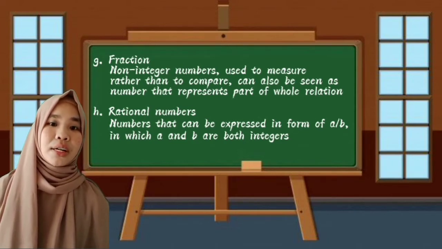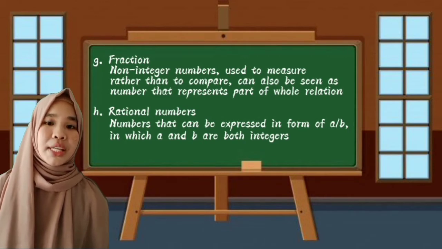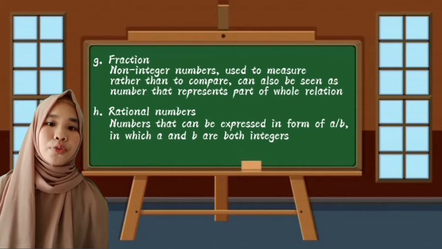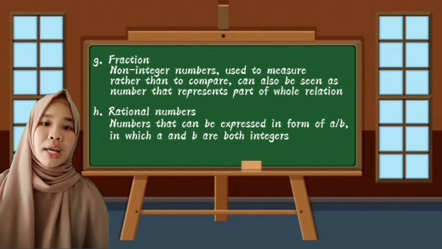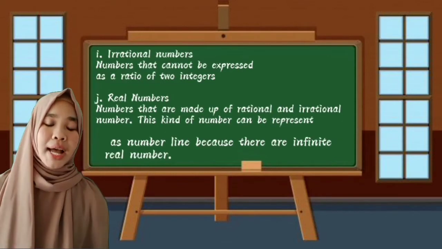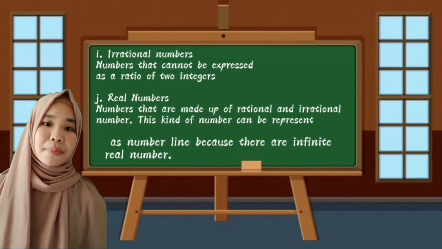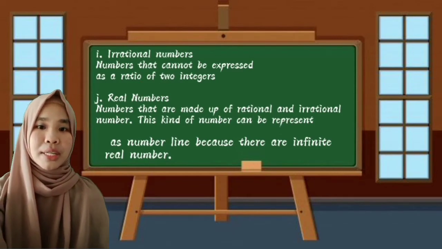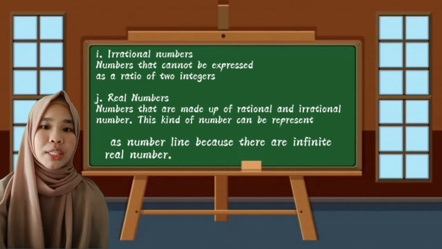H, rational numbers. Numbers that can be expressed in the form of P over B, in which P and B are both integers. I, irrational numbers. Numbers that cannot be expressed as a ratio of two integers.